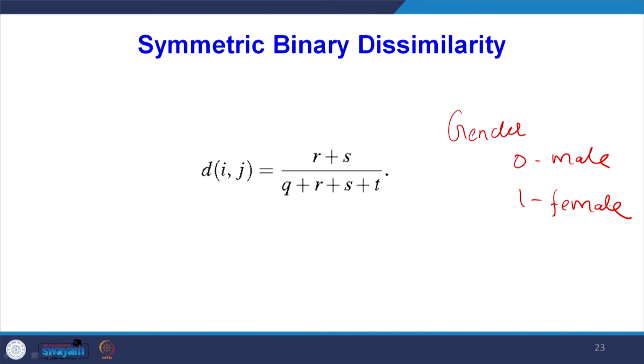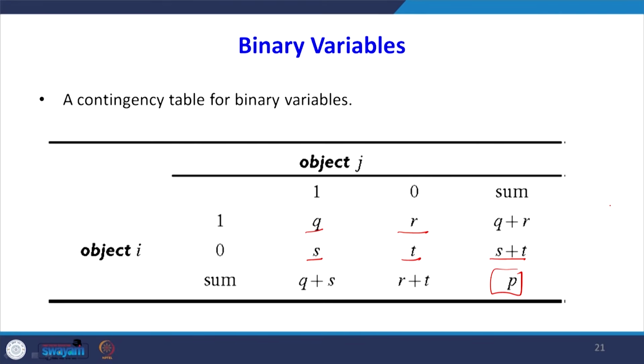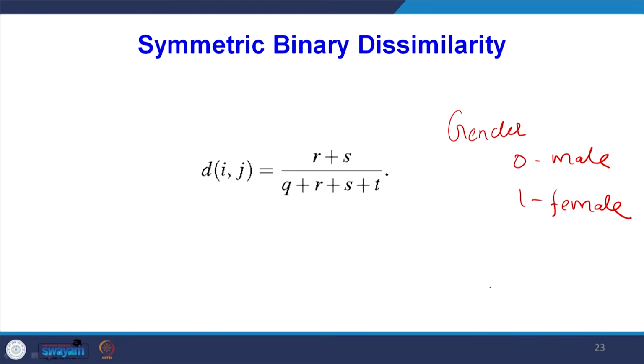So that is an example of a symmetric binary variable. For a symmetric binary variable, how to find the dissimilarity? The dissimilarity between i comma j is r plus s divided by the sum of all values, that is, r plus s divided by q plus r plus s plus t.